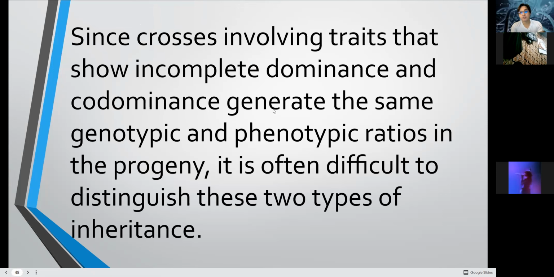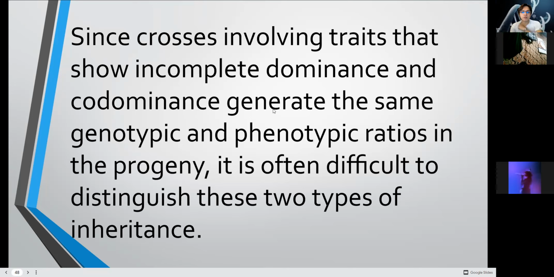Since crosses involving traits that show incomplete dominance and codominance generate the same genotypic and phenotypic ratios, yes, we can observe that the genotypic and phenotypic ratios are the same in the progeny, simply because they created all heterozygous progeny.